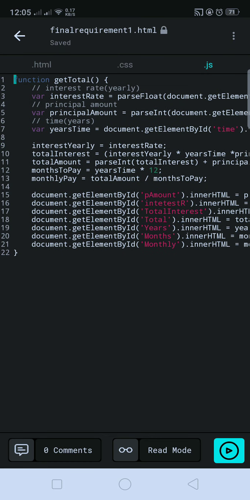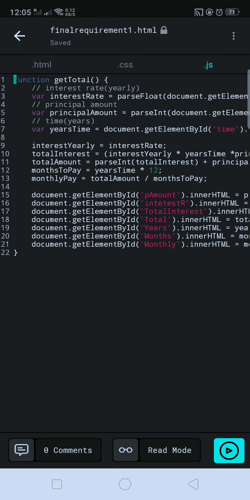The function getTotal. The var interest rate. When you enter the interest rate, the principal amount will appear. Then when you enter the time, the years will appear. Then next is our formula for interest.